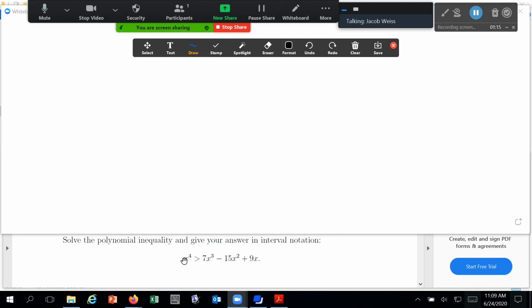So I'm going to pull everything over to the left. I'm going to subtract 7x cubed from both sides, add 15x squared to both sides, and subtract 9x from both sides. That gives us x to the fourth minus 7x cubed plus 15x squared minus 9x is greater than 0.